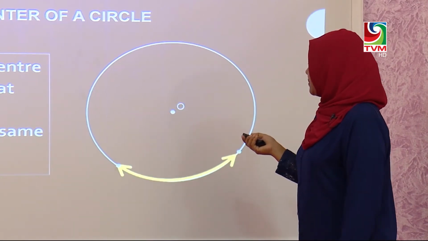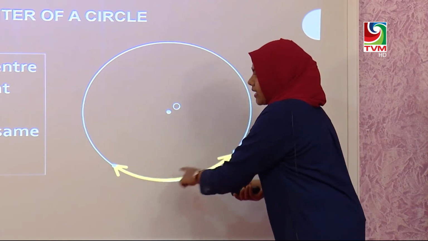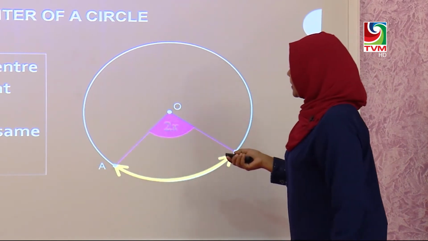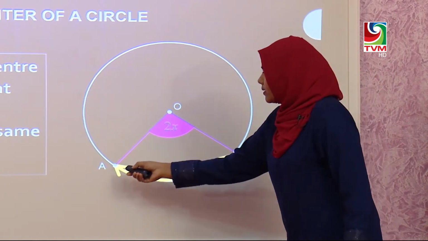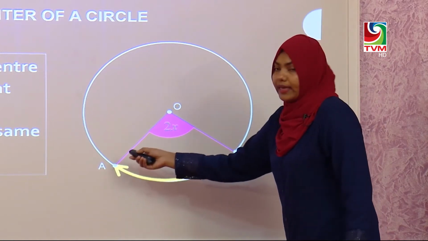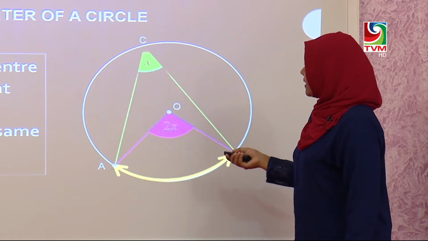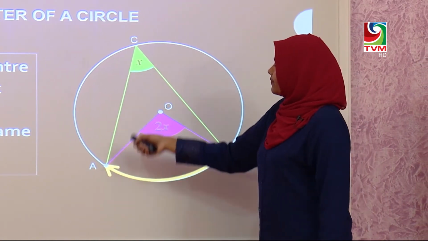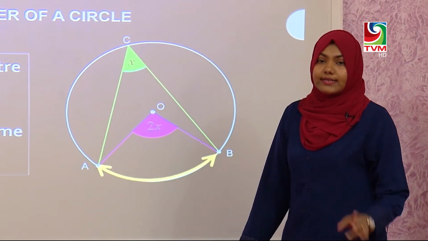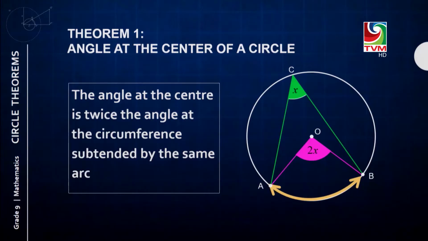So in the diagram you can see this is the arc I have marked. AOB is the center angle, and the other angle is formed on the circumference. One angle is AOB, which is the center angle, and the other angle is ACB, which is the angle formed on the circumference.